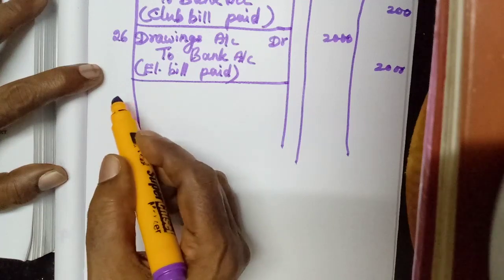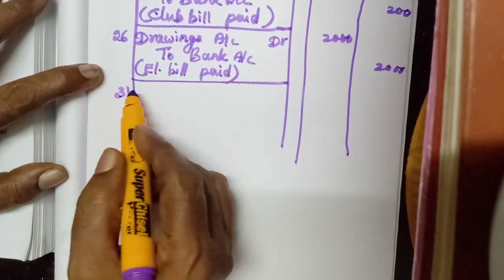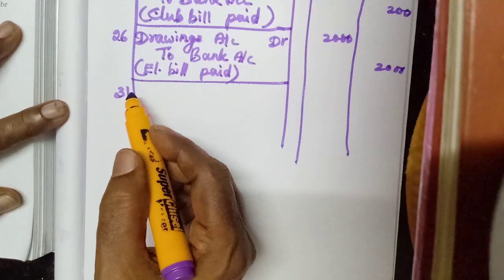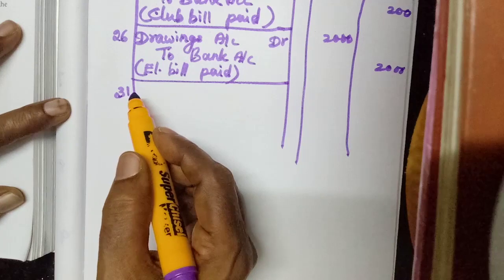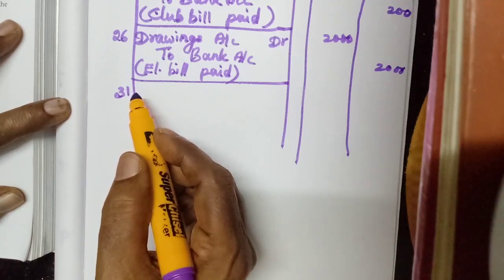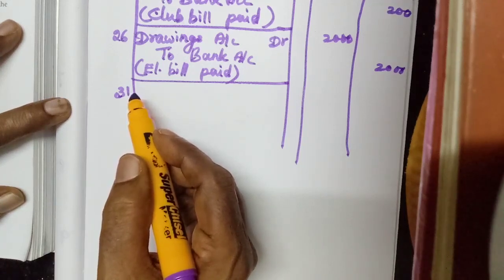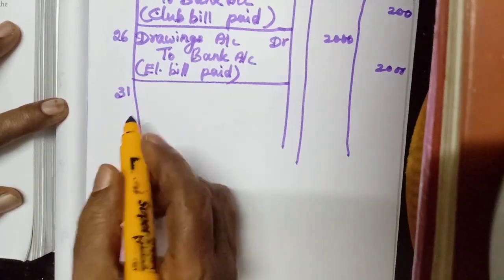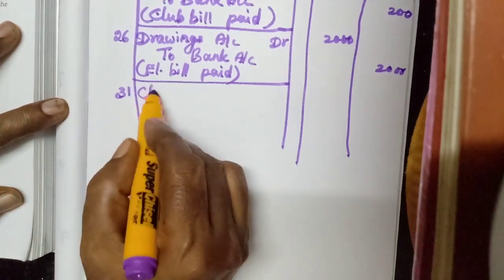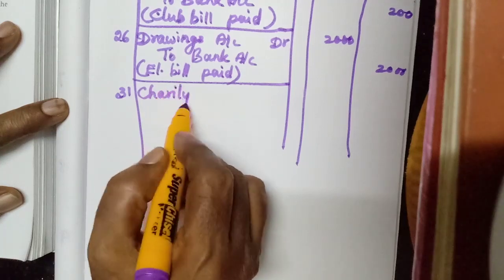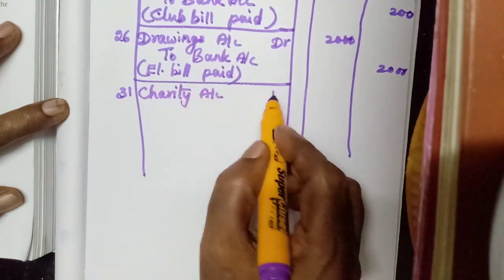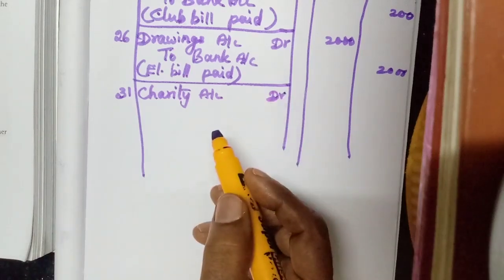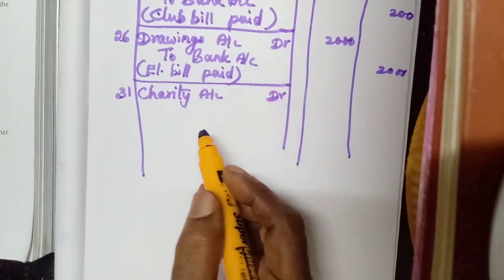Okay, now 31. Lunch provided free of cost to a charity. Here charity we can write as the expense. Okay, charity account debtor. Here we are providing lunch. So what will be getting reduced?